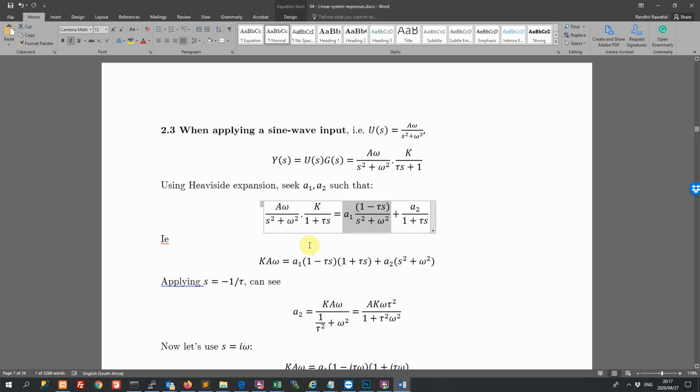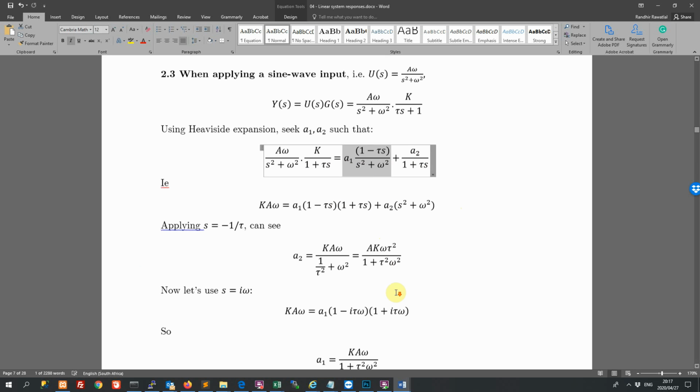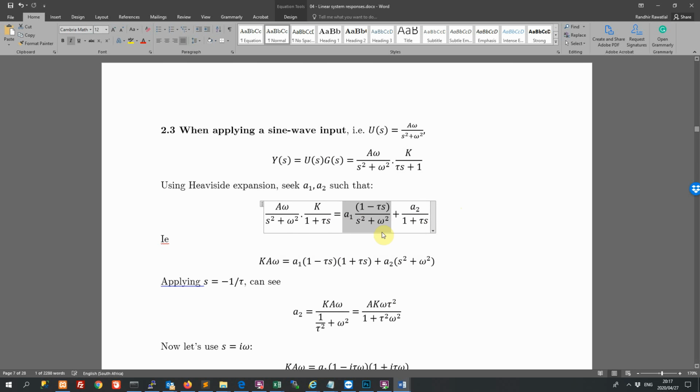And that's because we want certain properties. We want a form that's not going to have imaginary numbers in it and so on, because we seek nice compact expressions, and we just don't want to show imaginary numbers in our solutions here.